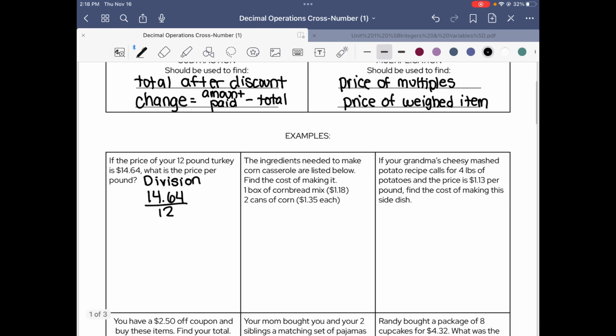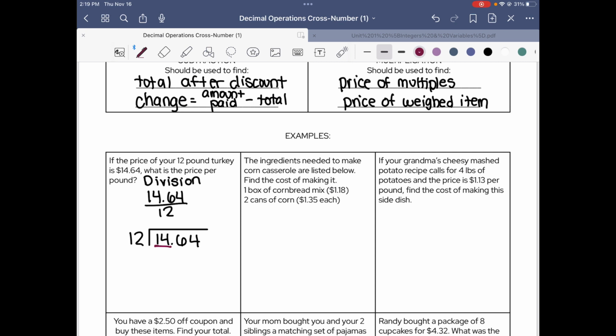Now, when we want to do a division problem with decimals, you're going to take the second number or the bottom number and put it outside the division box and put the first number or the total inside. Then I'm going to use a multiplication chart. I know that 12 can't go into 1, but I could see how many times it goes into 14.